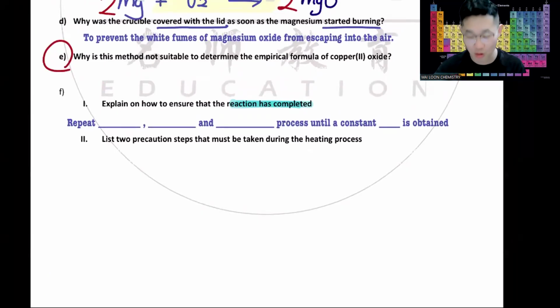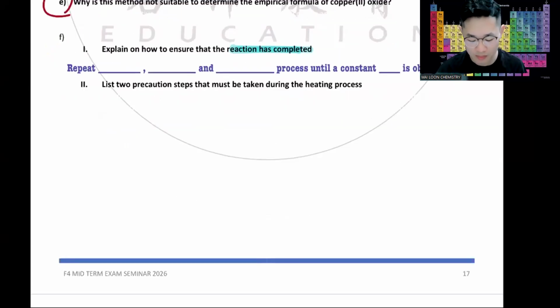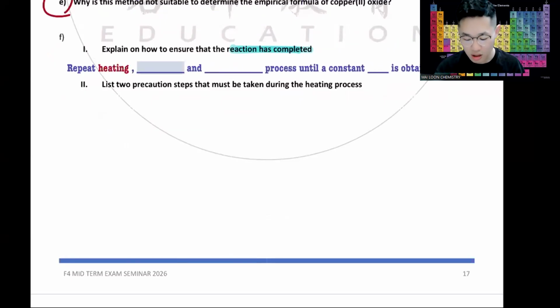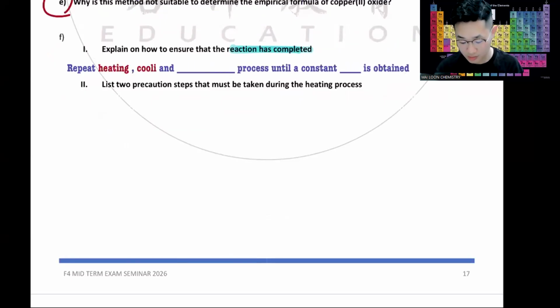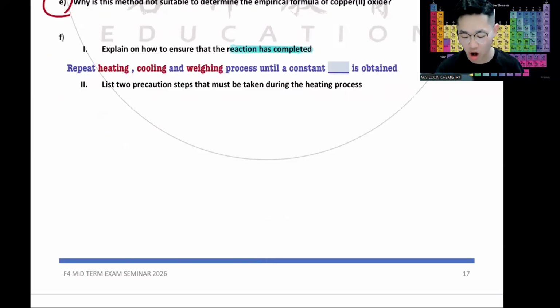Here's a question, guys. What if I really forgot the full answer in the exam? I couldn't write the answer properly, the way they want from the book. Let's say in the textbook, they say you have to write: repeat heating, cooling, and weighing process until a constant mass is obtained.